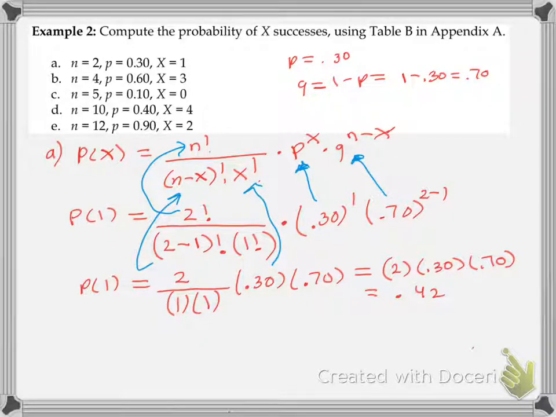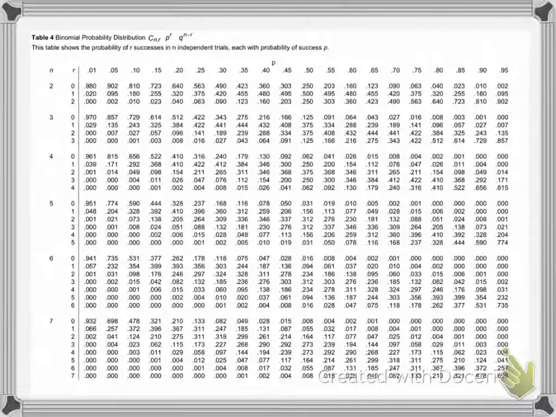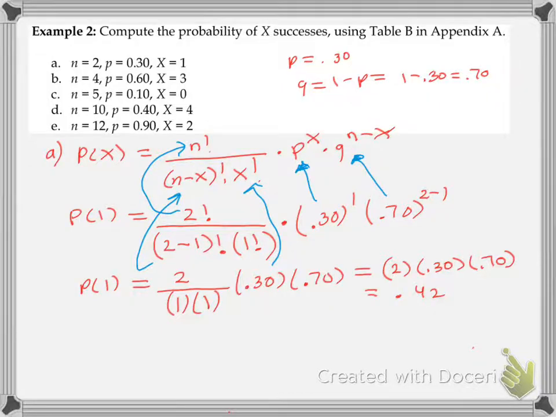Let's see if that matches up in our table. While you're watching these videos, if you have any questions, write them down and feel free to ask them in class. All right, so let's look at this table. For A, n is 2, p is 0.30, and x is 1.